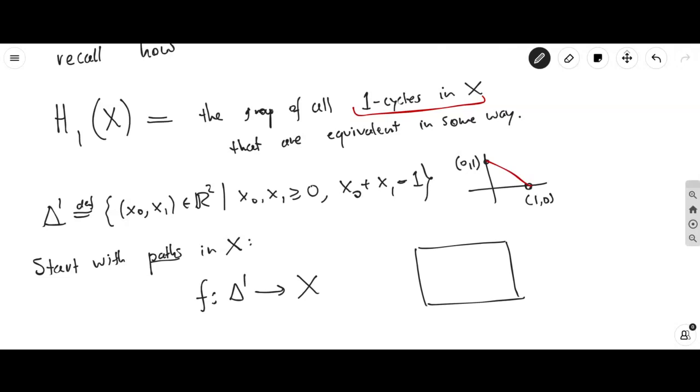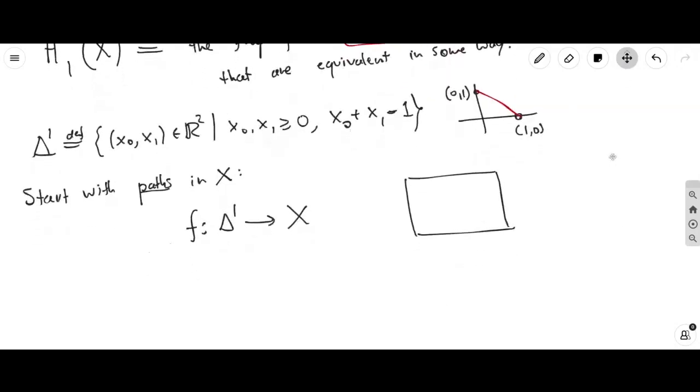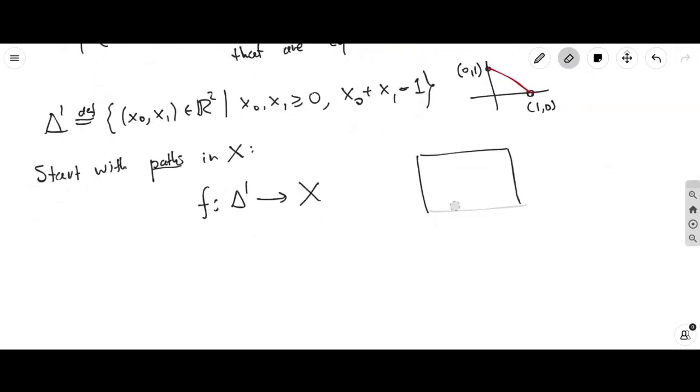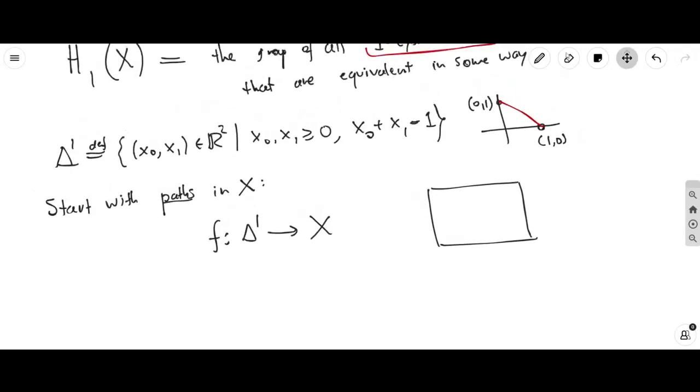They're just arbitrary paths in X. So you get some kind of path out of this, like the image. You're sort of mapping this simplex.